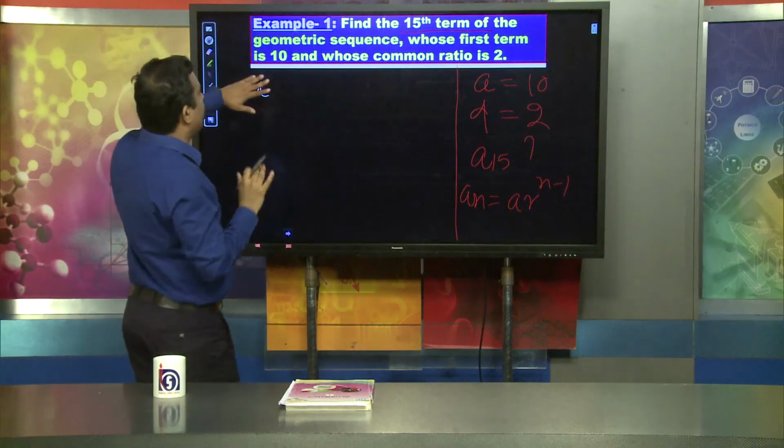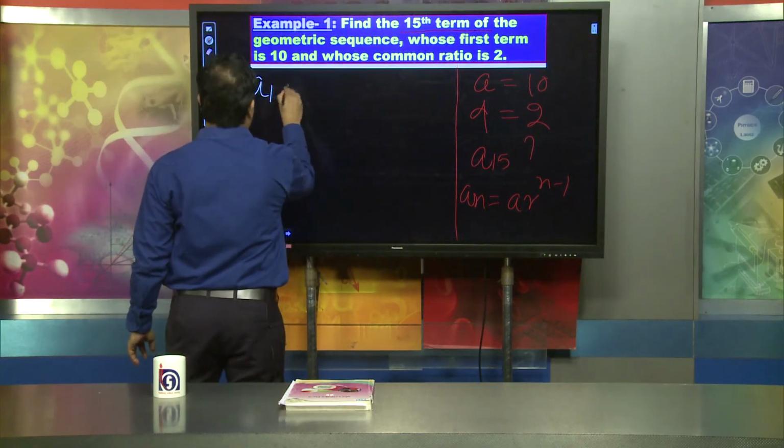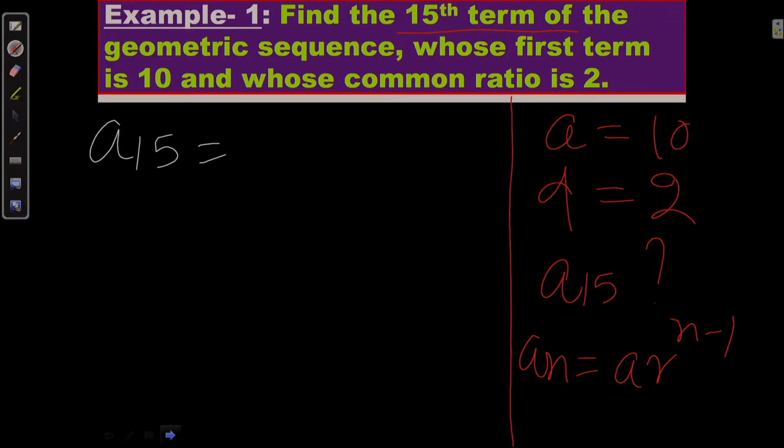So a_15 equals a, which is given as 10, into r. The r value is the common ratio. No, this is not d.